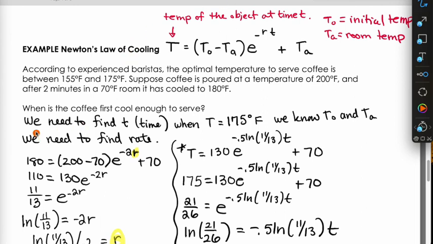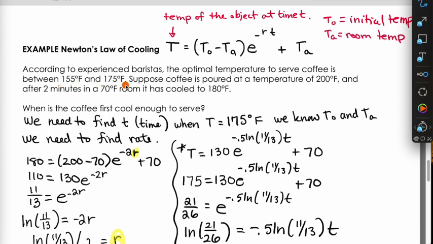So what we need to do is find time t when the temperature is 175 degrees Fahrenheit, because that's going to be the optimal time to serve the coffee. And that's going to be the first optimal time to drink the coffee, because the optimal range is between 155 and 175.